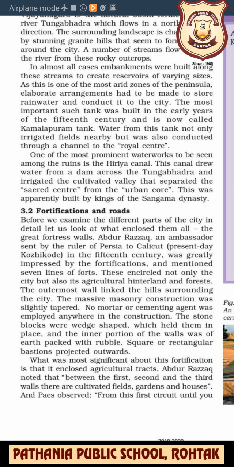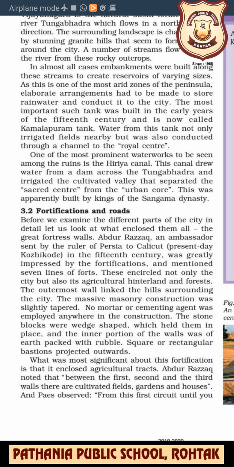The massive masonry construction was slightly tapered, and no cementing agent was employed anywhere in construction, but the stone blocks were wedge-shaped, which held them in place, and the inner portion of the walls was of earth packed with rubble. Means, beta, all these walls were made of stones. And even square or rectangular bastions projected outwards.